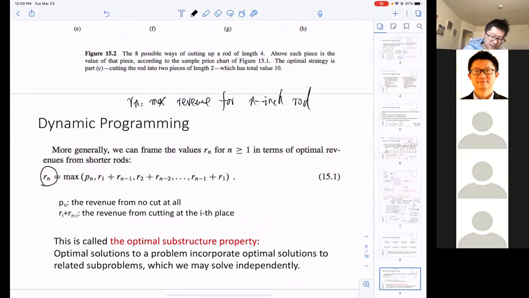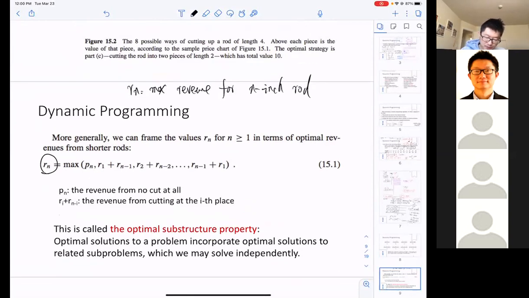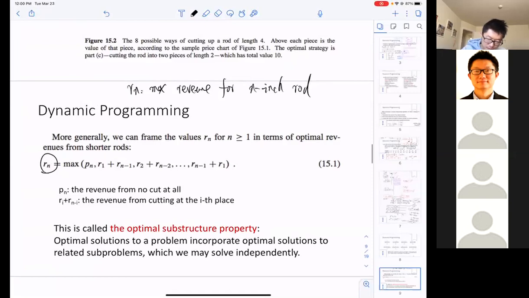So here what it says is that if you have a rod of length n, the maximum revenue that you can make is this. Pn is the price of a rod of length n. So this is the solution of not cutting it at all.